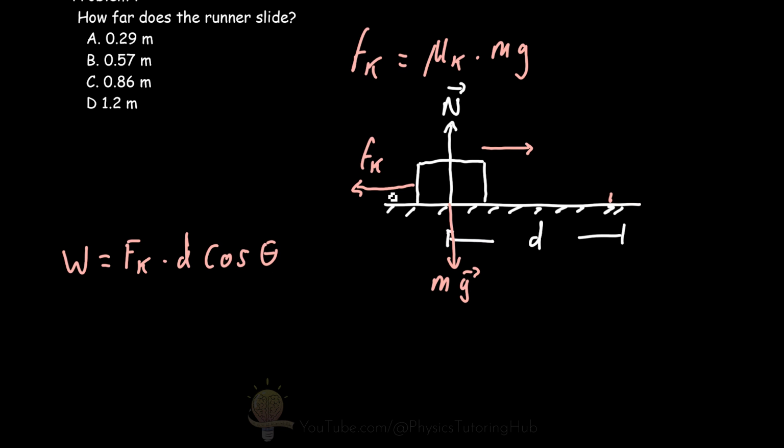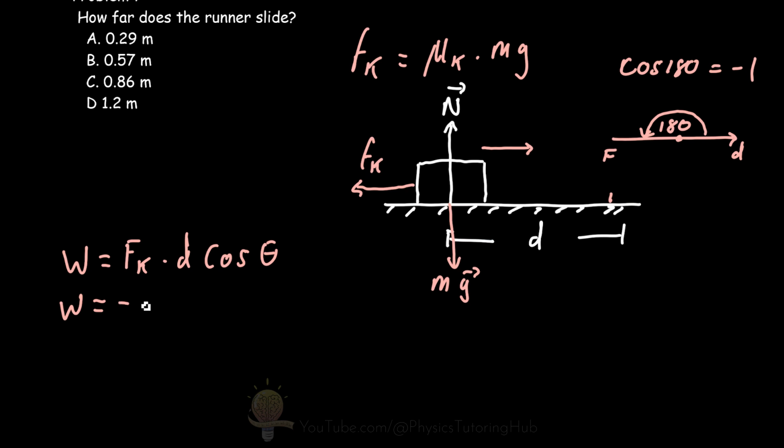Now, because the force is working in the opposite direction of the object's motion, the angle between the force and the direction of motion is 180 degrees. And cosine 180 degrees is equal to -1. So now we can say that the net work done is equal to negative force of kinetic friction multiplied by the distance.